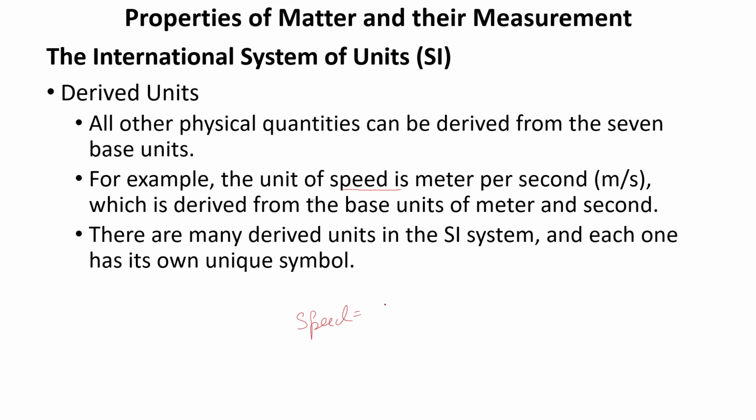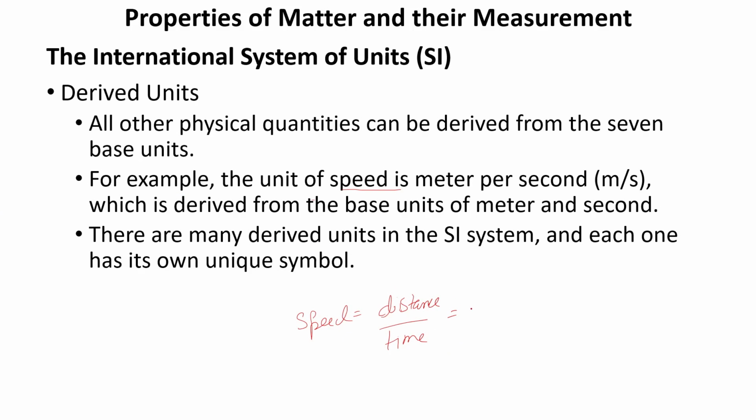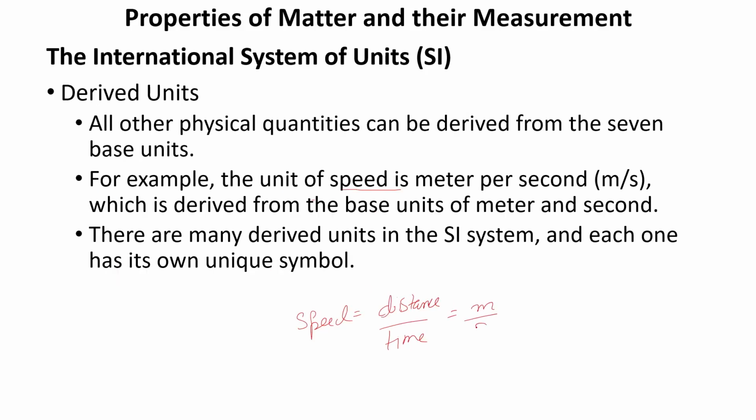It is distance per unit time. What is the SI unit of distance? You can see here it is meter. What is the SI unit of time? It is second. So it will be meter per second as it is written here.